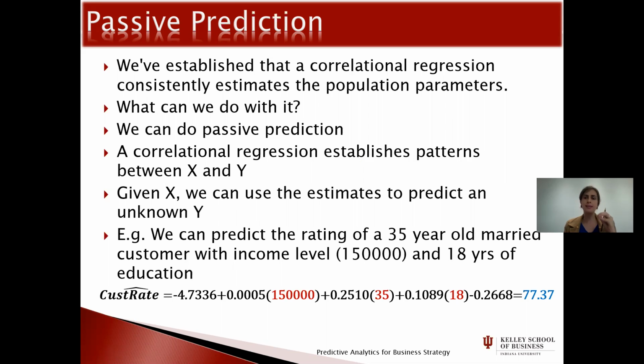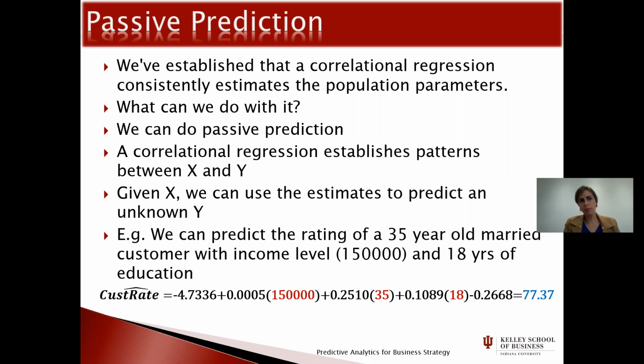This is entirely different than saying there is this variable that is causing customer rating. In a correlational regression that is useful for passive prediction, we're only observing those patterns, those correlations, and using them to make predictions. We're not claiming those Xs are causing Y. This is causality, something that we're going to be talking about a lot as well.